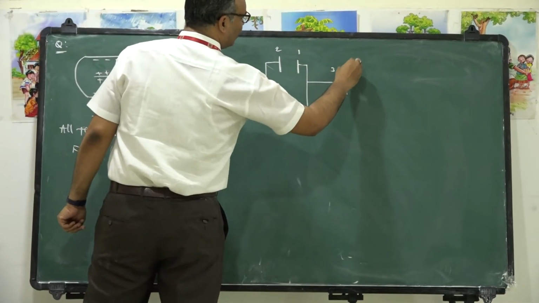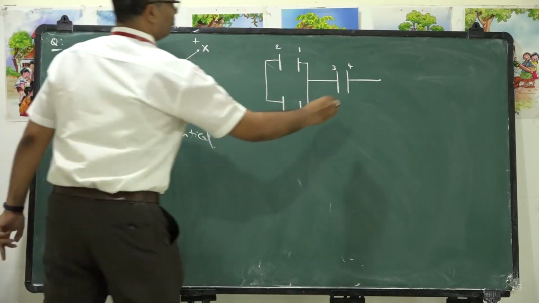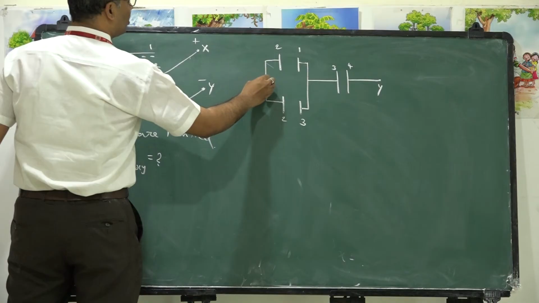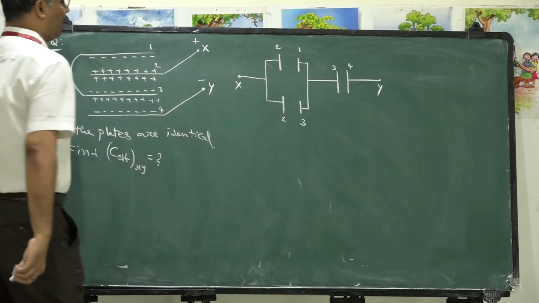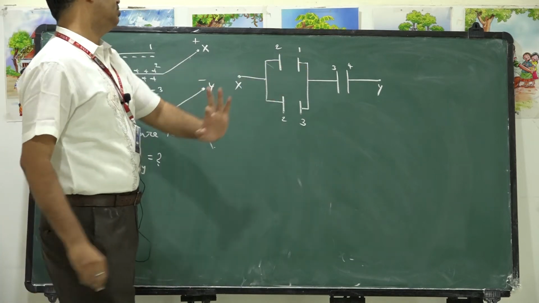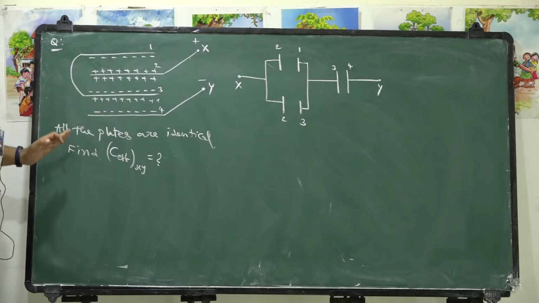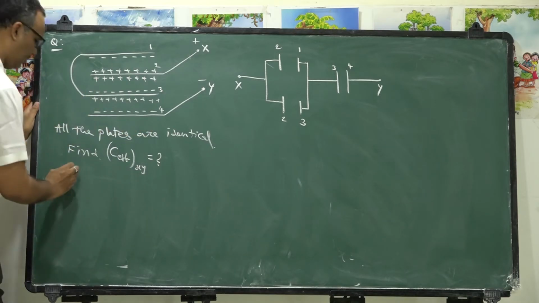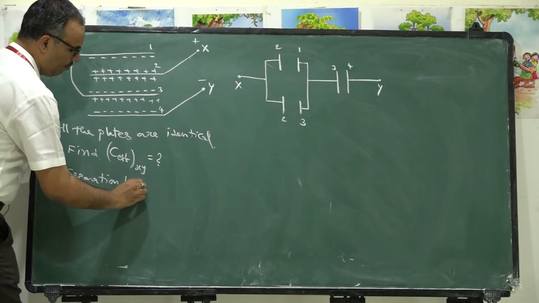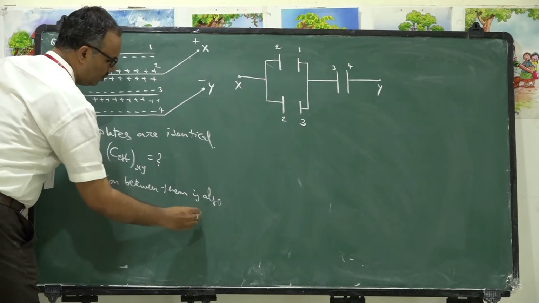So I can draw like this, 3, 4. 4 is joined to the terminal Y. 2 is joined to the terminal X. So I rearranged the given set of plates into the combination of capacitors like this. As the plates are identical and their separation is also identical, the separation between them is also the same.